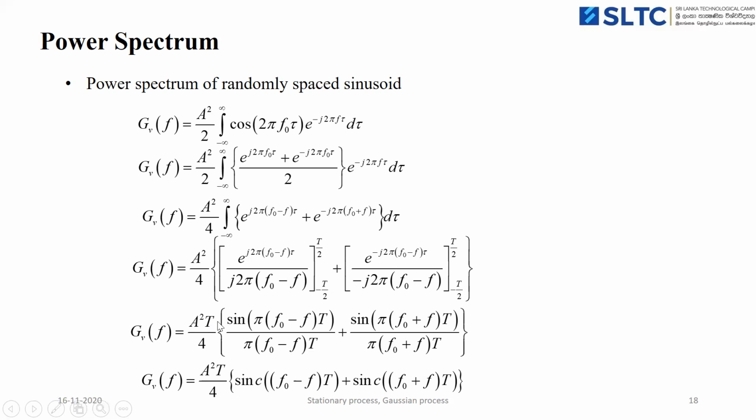Here T, capital T, is the duration of the pulse. Now it looks like sin pi x divided by pi x, so we can replace this term by the sinc function: sinc of (f naught minus f) T plus sinc of (f naught plus f) T, times A squared T by 4. That's the power spectrum.